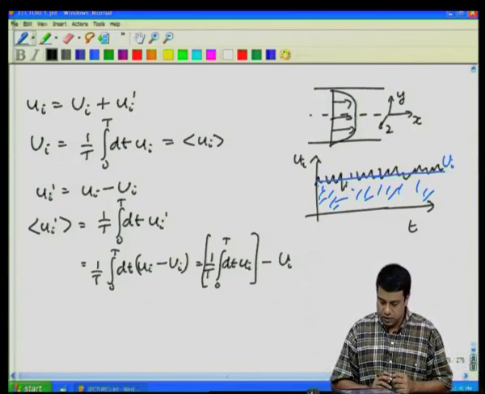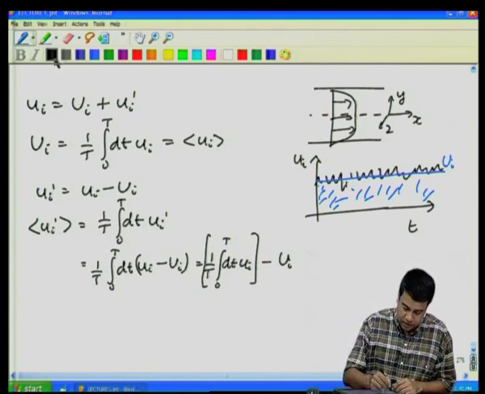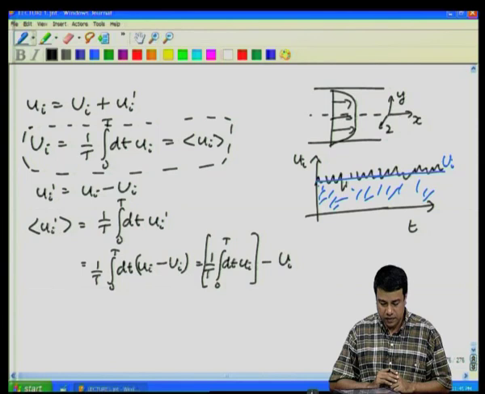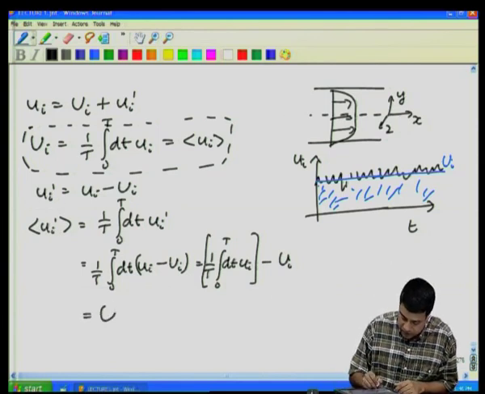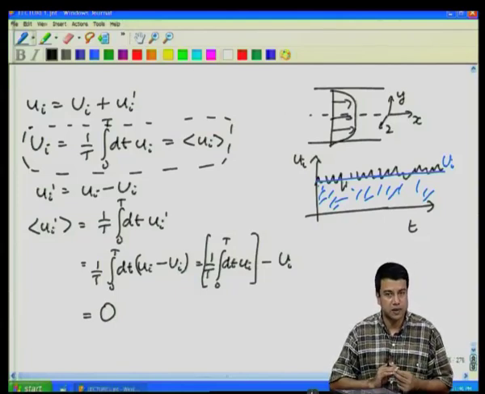And of course, I know from this relation that capital Ui is equal to 1 over T integral 0 to T dt of Ui. So, this means that the average of the fluctuation has to be equal to 0. So, the average of Ui prime has to be equal to 0.